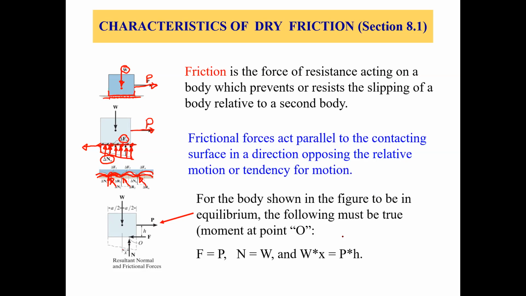We already know this is the block with a weight of W. The normal force N is acting upwards at a distance x from the center of gravity, because the normal force distribution is not a rectangle. It's not evenly distributed, it's like a triangle. So that's why the resultant normal force acts at a distance x from the center of gravity.